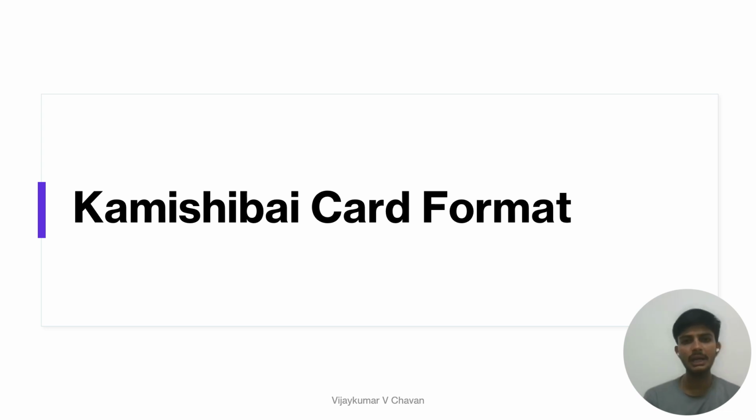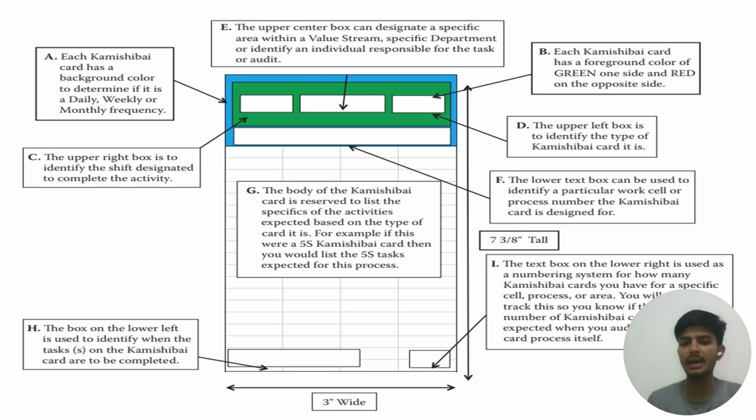Now let us understand what our Kamishibai card format looks like. This Kamishibai card is basically 3 inches wide and 8 inches tall. It is split into 8 areas. First is the background color, which is used to define our frequency, whether it is daily, weekly, monthly or quarterly.